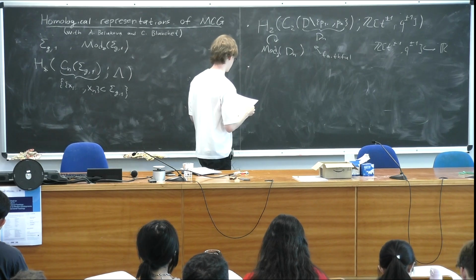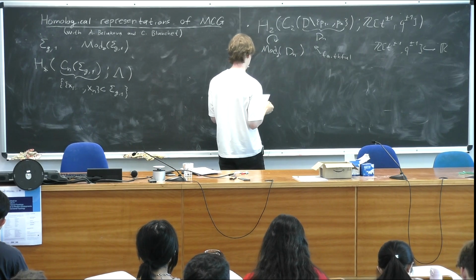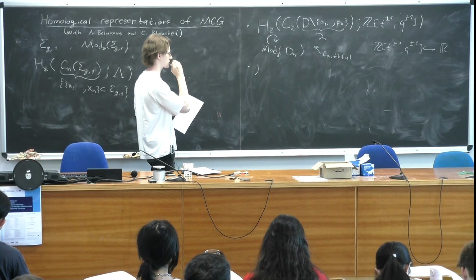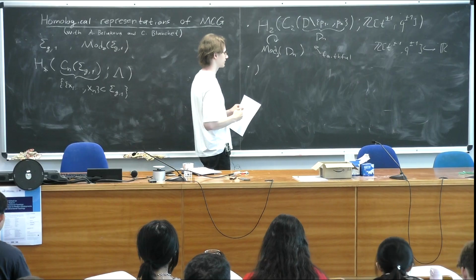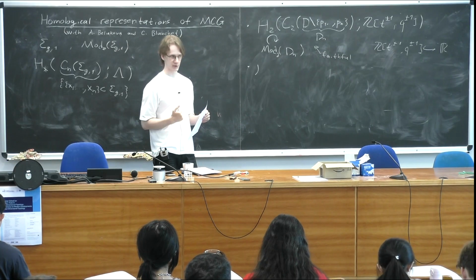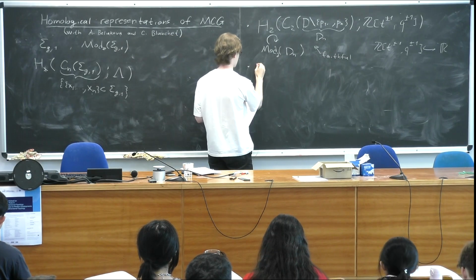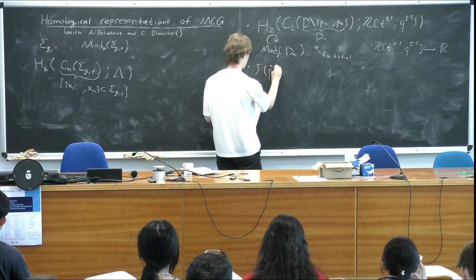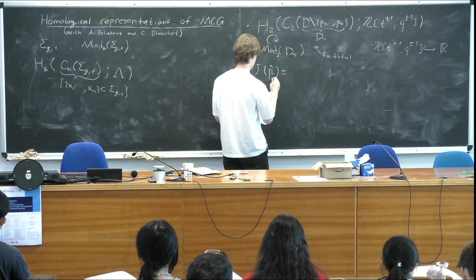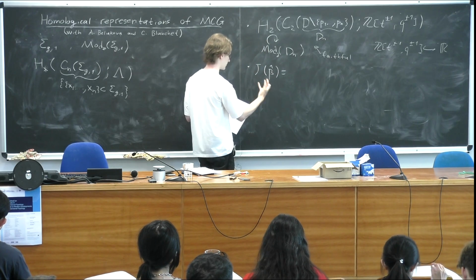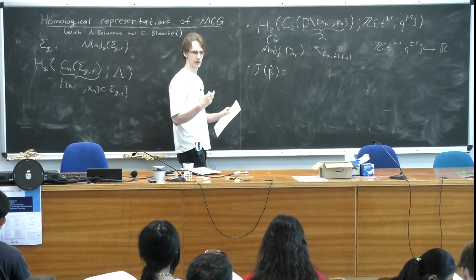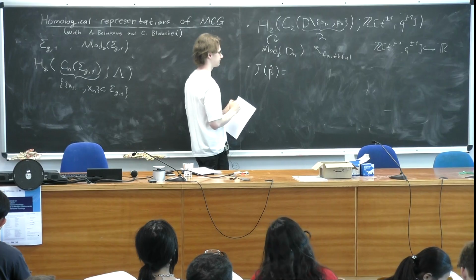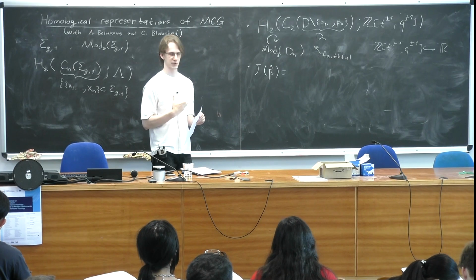Then a quite similar construction. Using these homologies of configuration spaces, there is a way to describe Jones polynomial. So this is a topological way to define it. I will not go into details, but the idea is that you represent your knot by some braid, as a closure of some braid. Then this braid is an element of the mapping class group of a punctured disk.